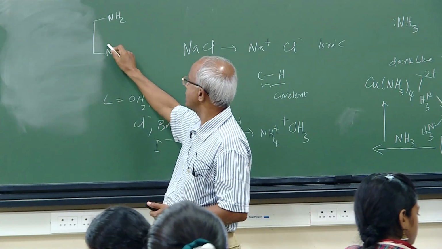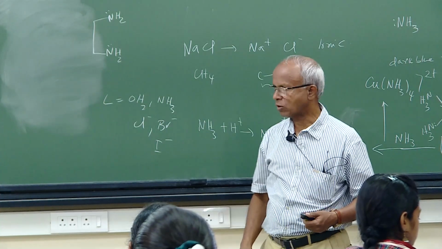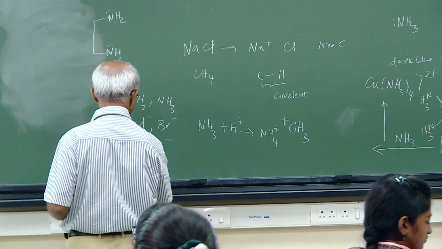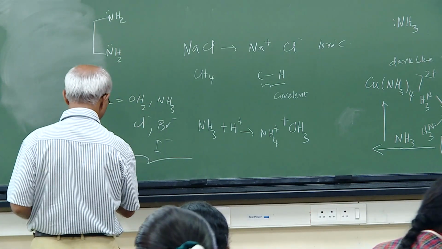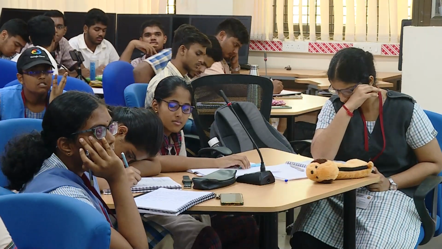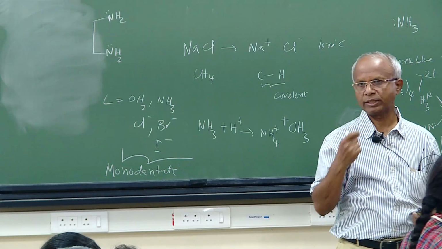So there is a lone pair here, and there is a lone pair here, and those 2 lone pairs can coordinate. These are called monodentate ligands. Dentate means dental, that means like a tooth.